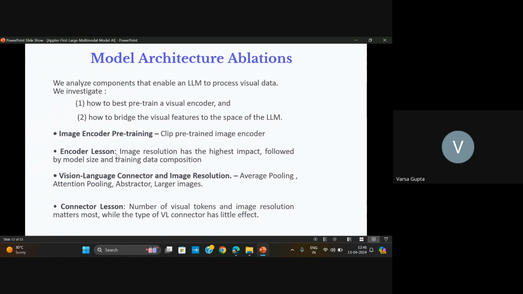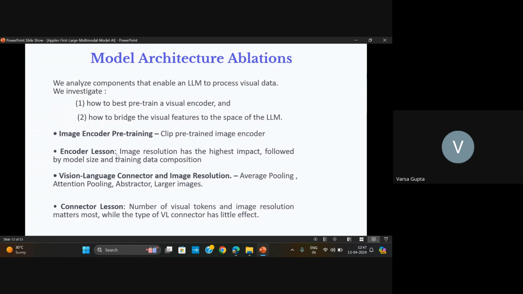And the second is attention pooling. Attention pooling allows the neural network to focus on relevant parts of the input data. It assigns something called weights to the different parts of the data, like words in a sentence.